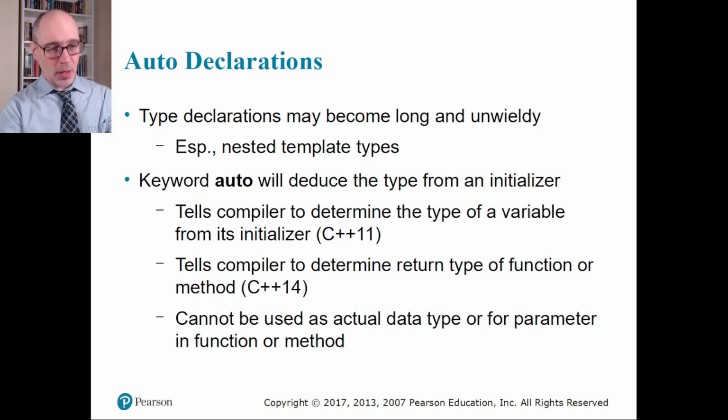And the specifics there is that auto in C++ 11 tells the compiler to determine the type of a variable from its initializer. And then in C++ 14, they added the ability to use that like it's the return type from a function.